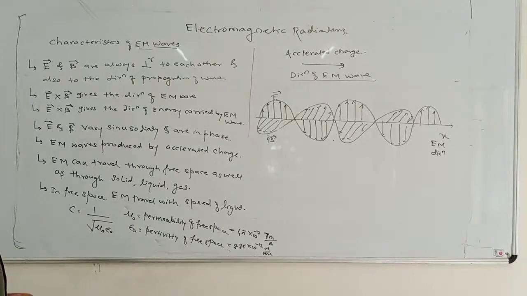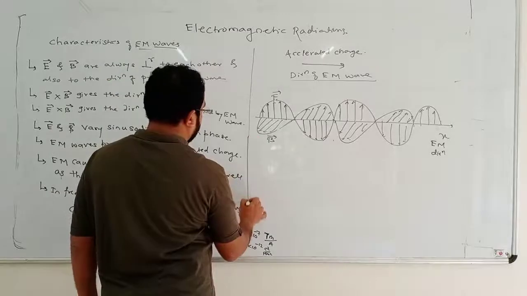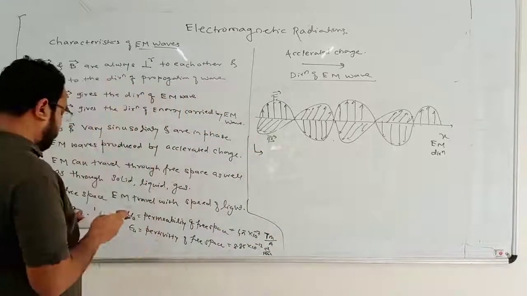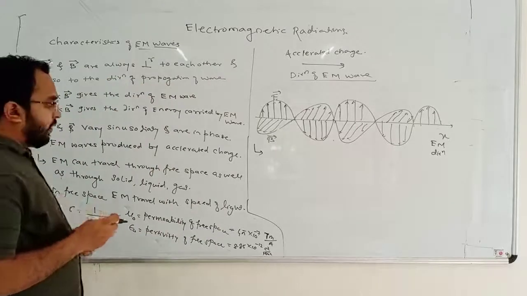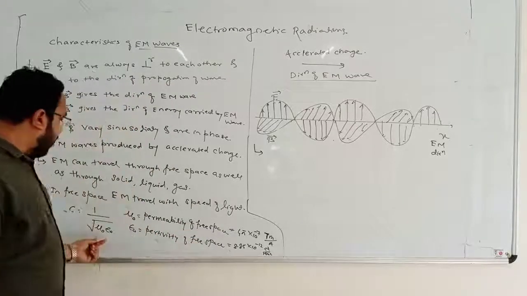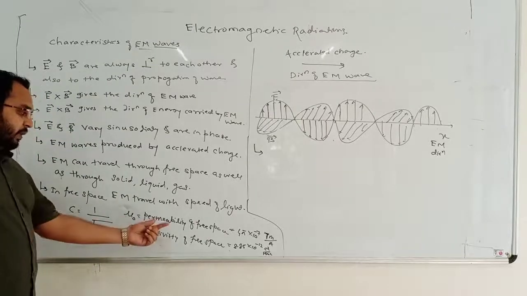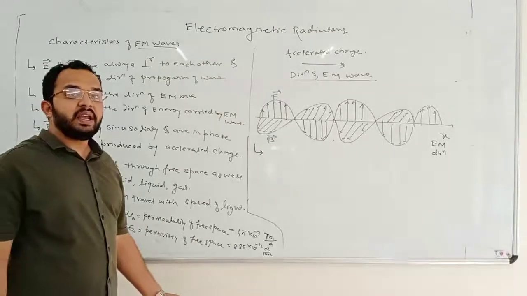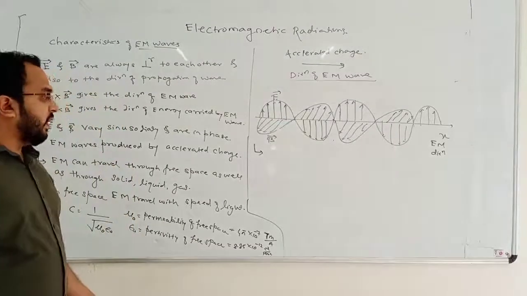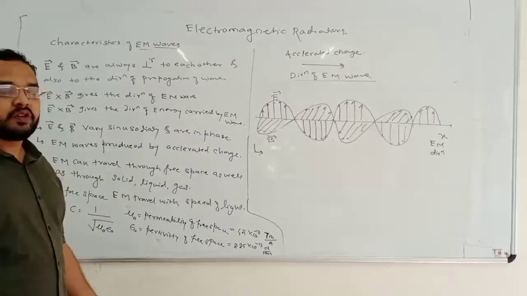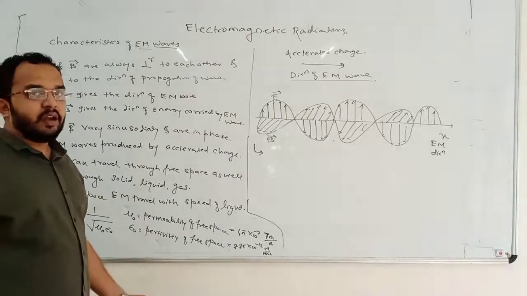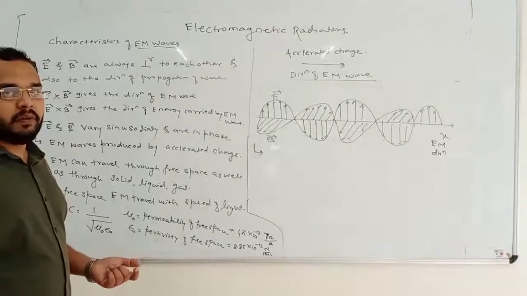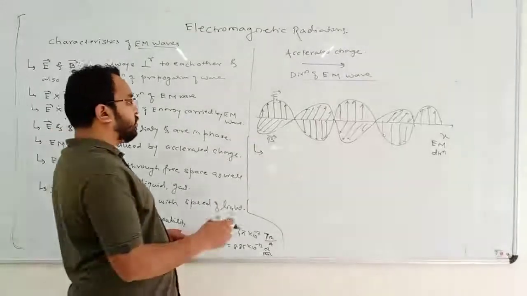Okay. Now the next point. In any other medium. Now see, this mu naught and epsilon naught are the permeability and permittivity respectively for free space, that is when the medium is vacuum. But if these electromagnetic waves are traveling in water or in solid or any other medium, then we have to take the permeability and permittivity of that medium only, that is mu and epsilon.